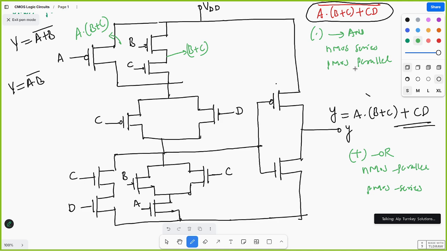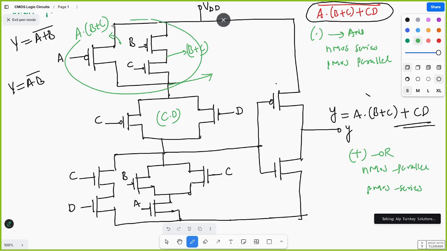Understood? Next, for AND operation, this PMOS will be parallel, so this is nothing but C and D. And this is nothing but an OR operation. OR operation means what?